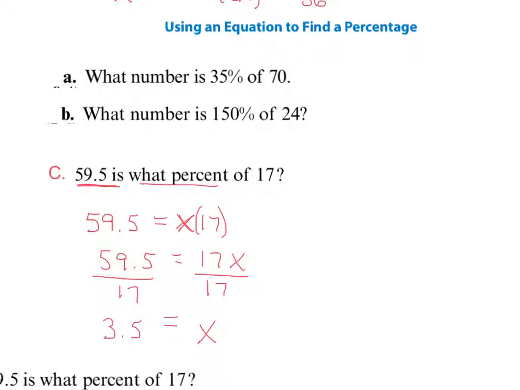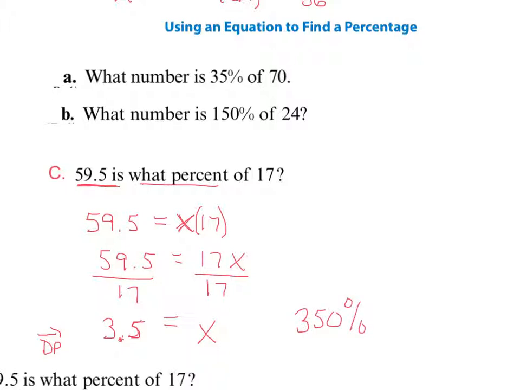But that's not my answer. That's my answer in decimal form, so I actually have to change that to a percent. And this is decimal to percent, so when you do decimal to percent, you move the decimal 2 places to the right. So it's actually 350%.